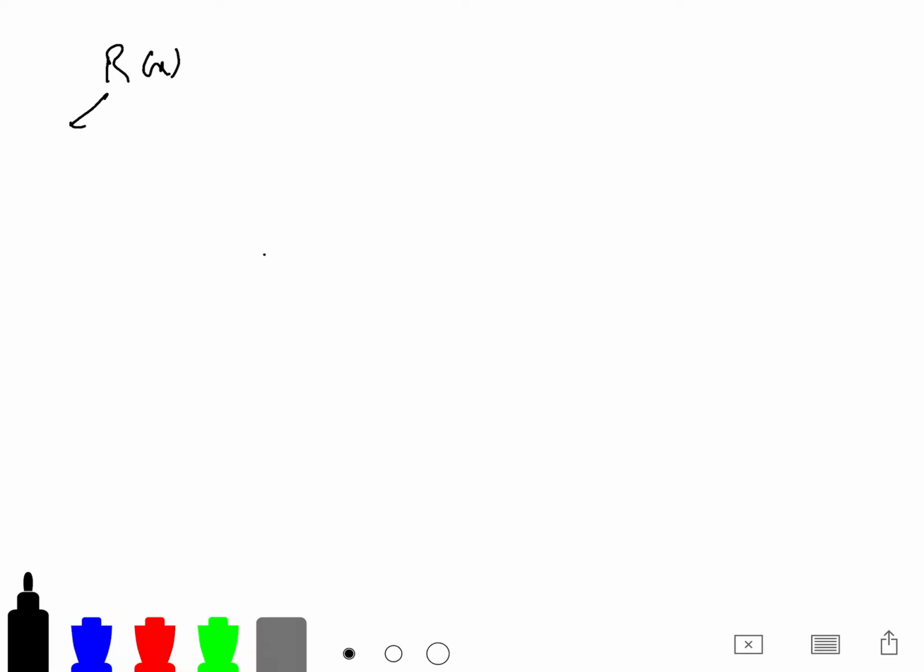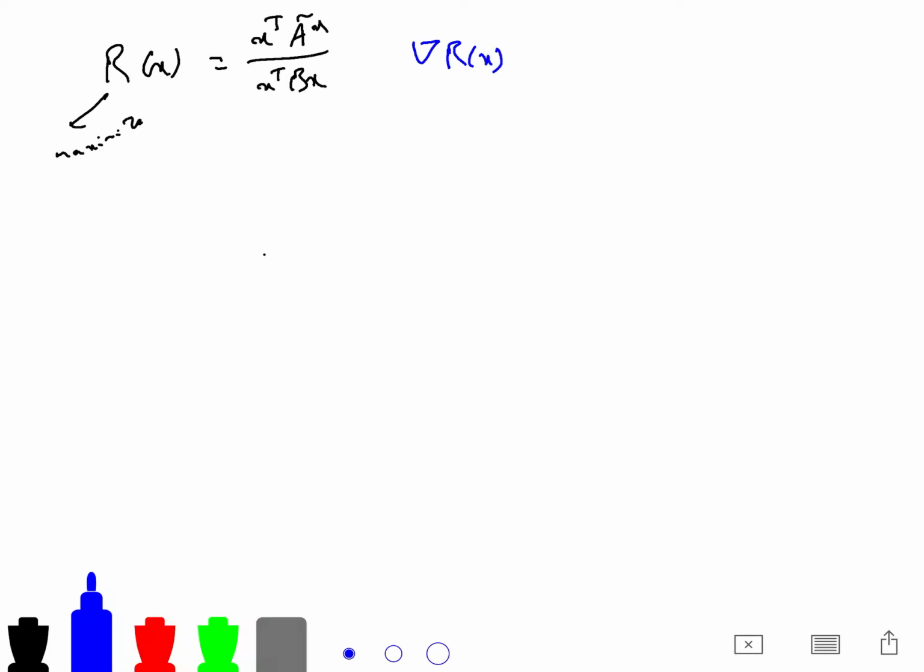So the solution is, first of all, let's say that we have a Rayleigh quotient. We want to maximize this Rayleigh quotient, x transpose A tilde x over x transpose B x. So what do we do? We just calculate the gradient of that, and we want to use a gradient ascent method.